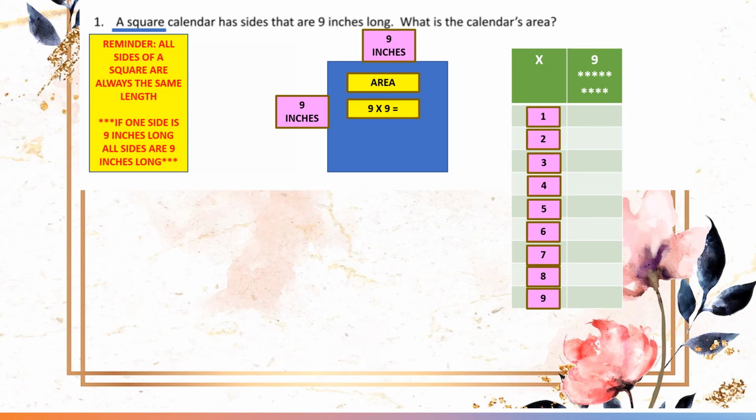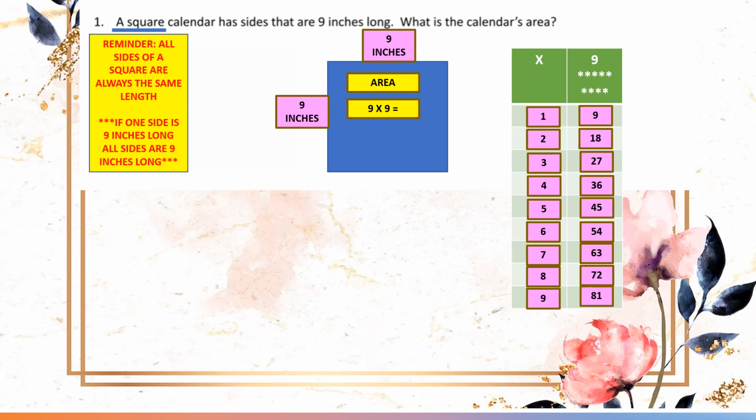So let's go. 1 times 9 is 9. 2 times 9 is 18. 3 times 9 is 27. 4 times 9 is 36. 5 times 9 is 45. 6 times 9 is 54. 7 times 9 is 63. 8 times 9 is 72.